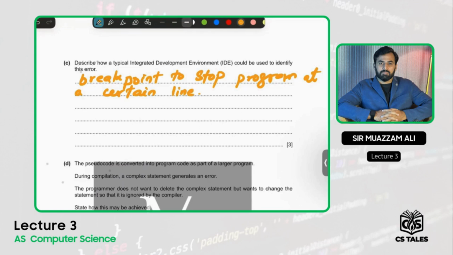Next, you can check line by line, check the error line by line. For 3 marks, you must say that whatever value or variable you are using must be reported.